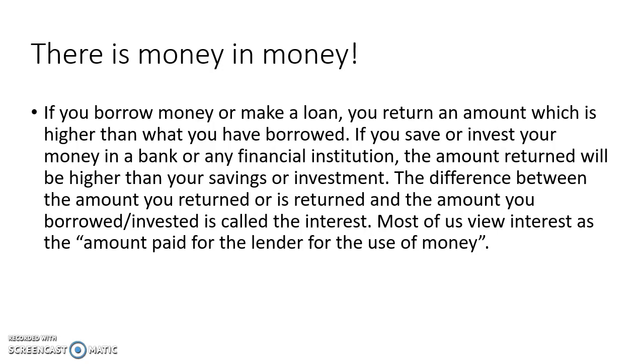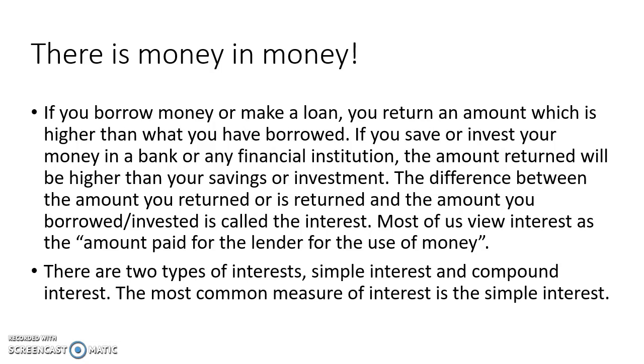The difference between the amount returned and the amount you borrowed or invested is called the interest. Most of us view interest as the amount paid to the lender for the use of money. There are two types of interest: simple interest and compound interest. The most common measure of interest is the simple interest.